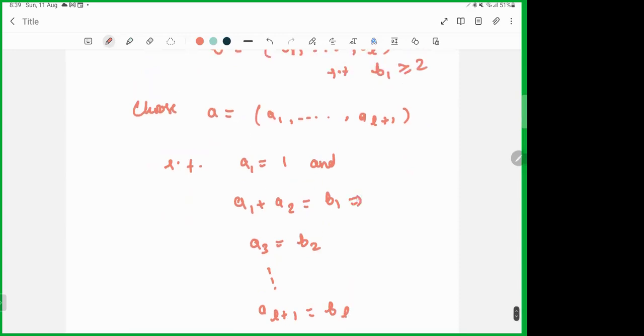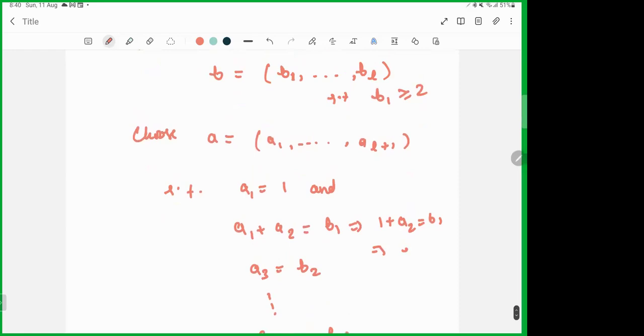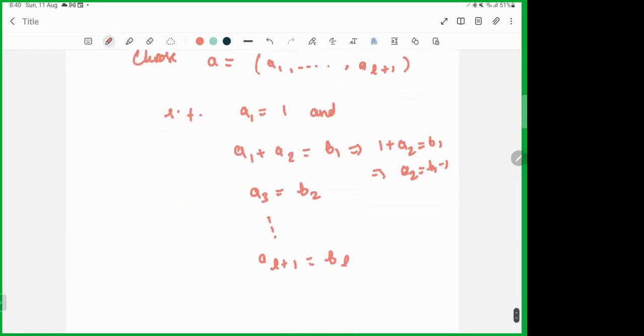So this means what? 1 plus a2 is equal to b1. So that means b1 is 1 plus a2, so a2 is b1 minus 1.